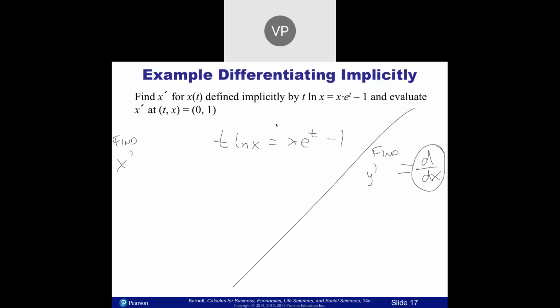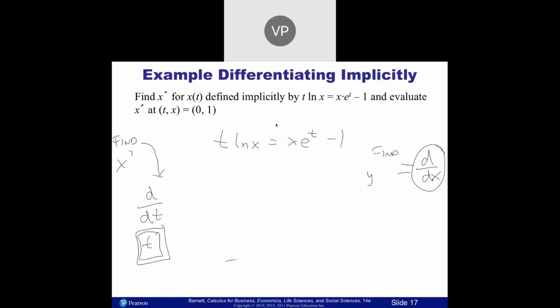Find the derivative with respect to x. Well, in this case, when they say find x prime, they're saying go find d dt. So t is our main variable that we're working with. Everything is with respect to t.